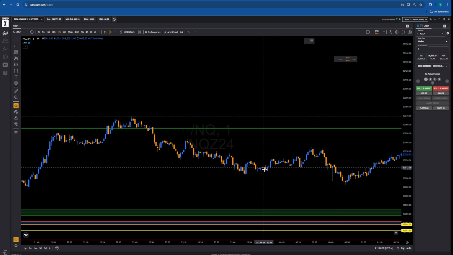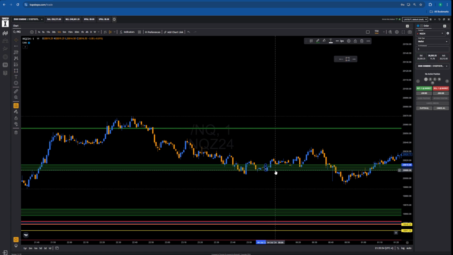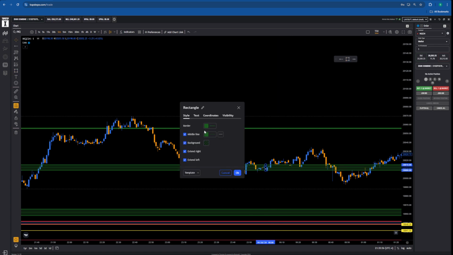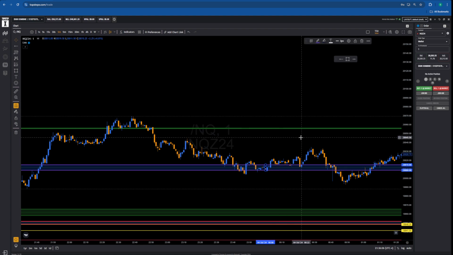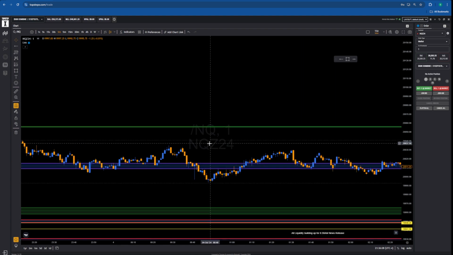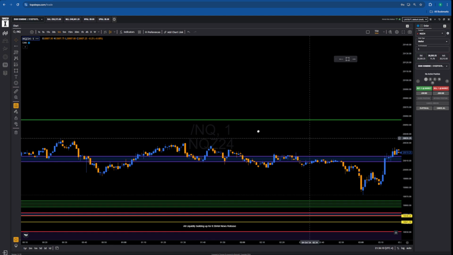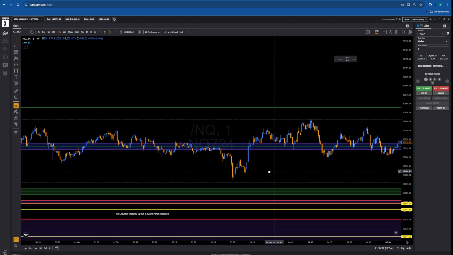So basically the midnight candle, I'm gonna mark high and low and just change the color to blue. So again, midnight and new day opening gap, like how the market is reacting.